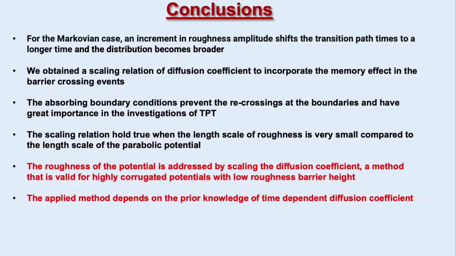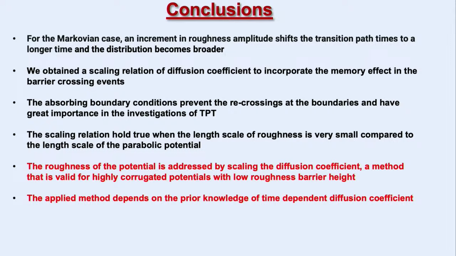If I want to conclude this part, the conditions hold true when the length scale of roughness is very small compared to the length scale of the parabolic potential. Remember, the evaluation of this scaled time dependent diffusion coefficient requires one to use the steady state flux approach, and this has been numerically tested.